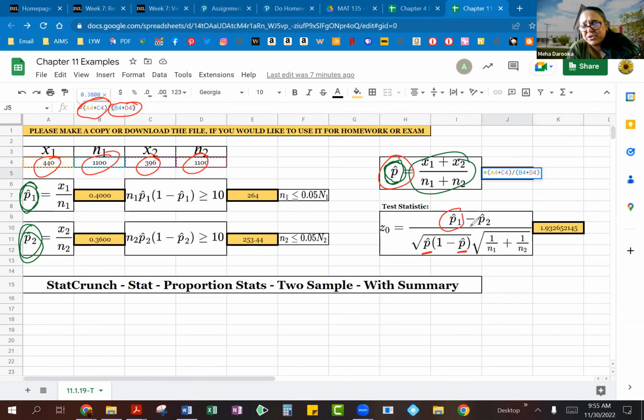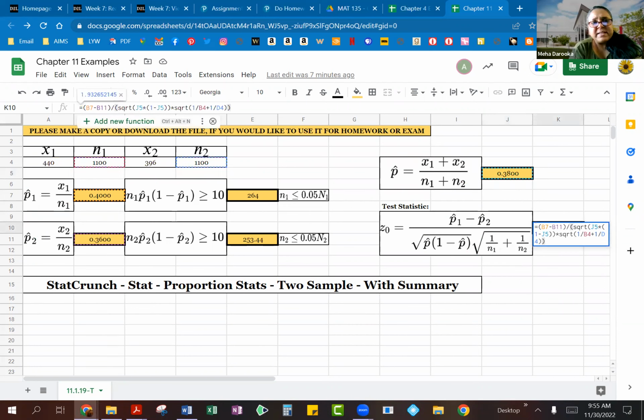And then here, of course, you're using p-hat-1 and p-hat-2, which are these numbers over here. And on the bottom, you also have this little guy. If you look at this formula, it's following that same thing. This is your p-hat-1 minus p-hat-2, which will be these two numbers.